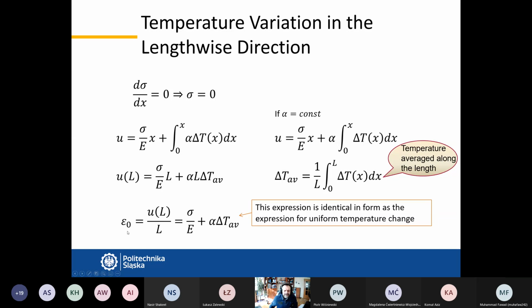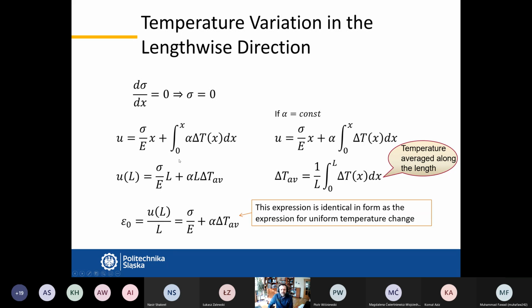Epsilon, the strain which is observed, is of course u over L, so change in length divided by the original length. And this is of course sigma over E plus alpha delta T average. As you see, this expression is exactly the same in form as the expression for uniform temperature change.